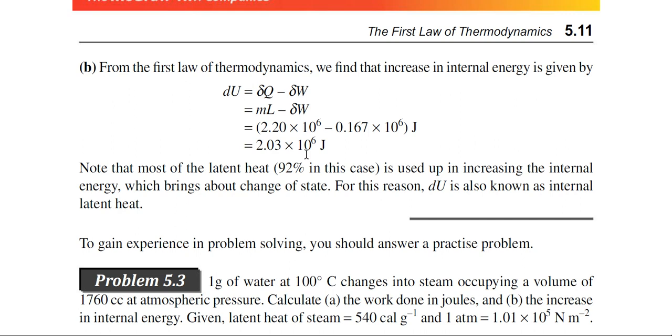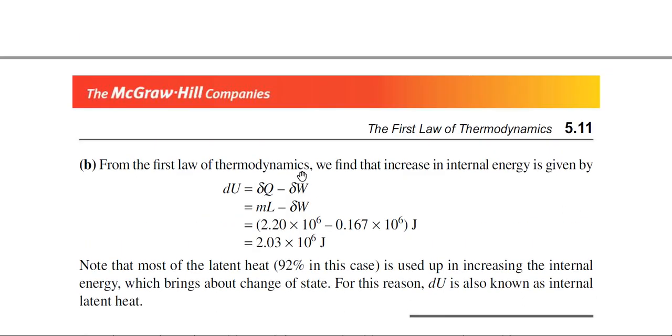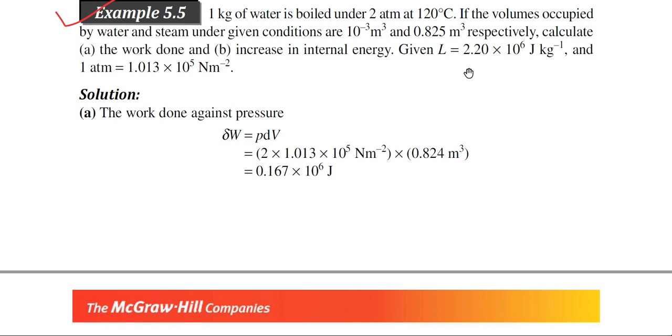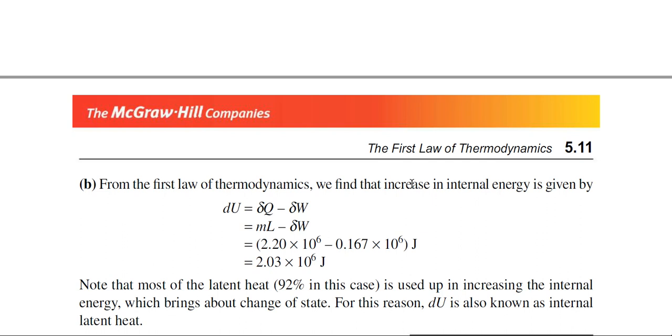But here there is a point to note. What is the value of the latent heat? This is 2.20 into 10 to the power 6 joule per kg, and change in internal energy is 2.03 into 10 to the power 6.